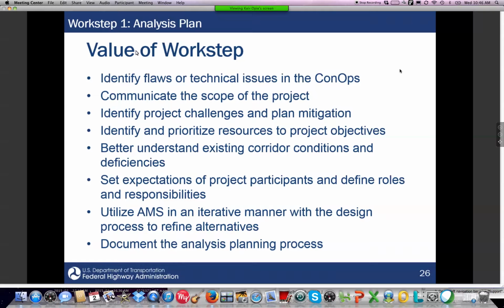Part of this also, to get to Tom's question that was posted in there: how do you determine what's a large enough geographic area to build your AMS tool within? That is a difficult question to answer, and it's always very site specific. But especially considering that the goal is to look at some of the non-recurring events, you need to look at the environment that you're potentially going to be trying to use and shift people to deal with whatever incident you may have out there.